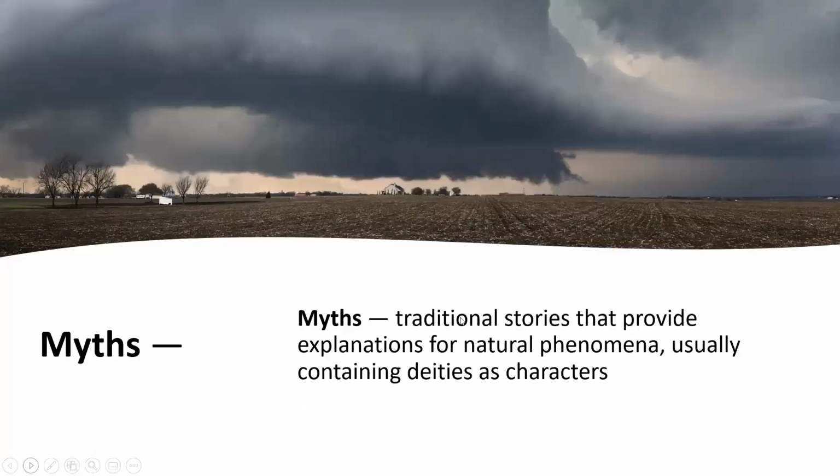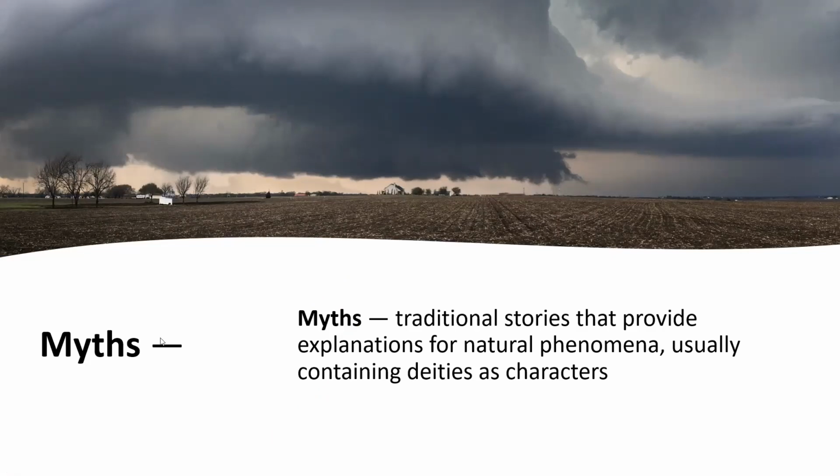Examples, we have myths, traditional stories that provide explanation for the natural phenomenon, usually containing deities as characters. So the origin or explanation of natural phenomena, usage of gods and goddesses, so on.